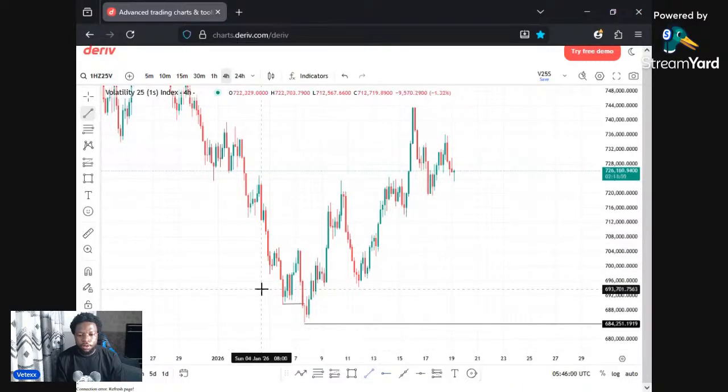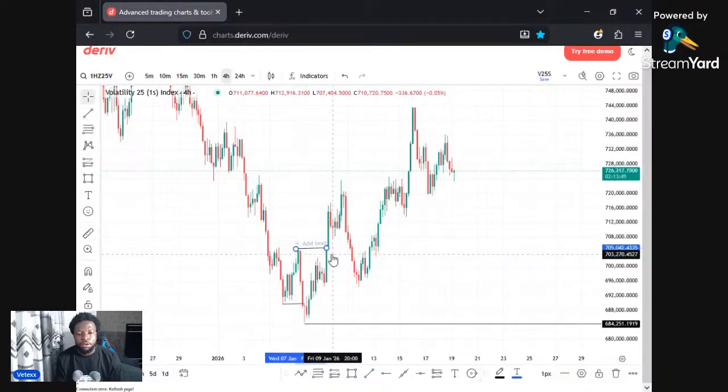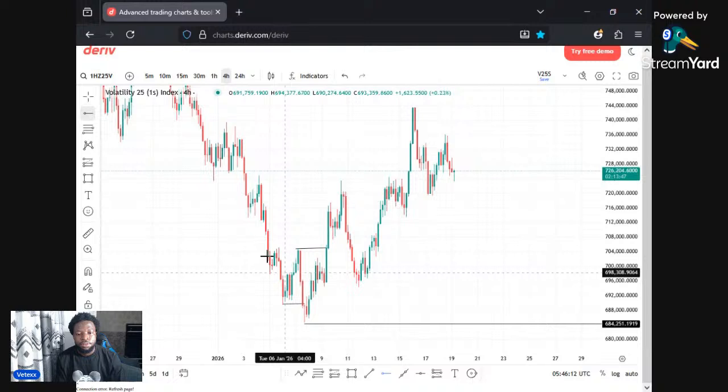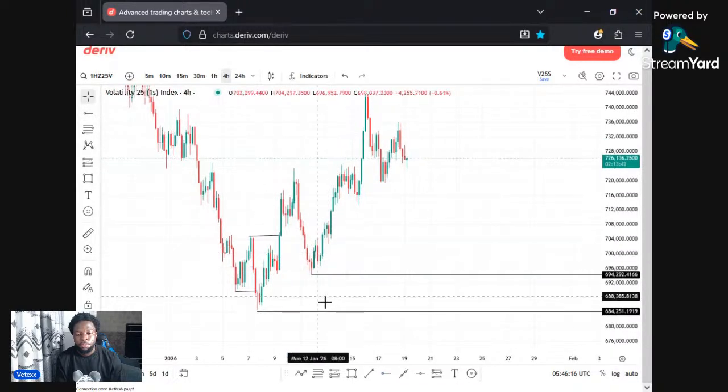So price after sweeping the liquidity gives us our protected low and moves back to create the newly created high, giving us our second break of structure, which was this. And then we have price retracing back 50% to give us our structural liquidity, and price moving backwards to break the newly created high to give us our second break of structure, which is this.